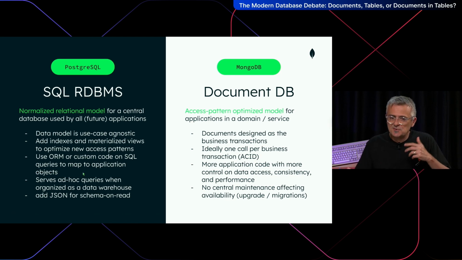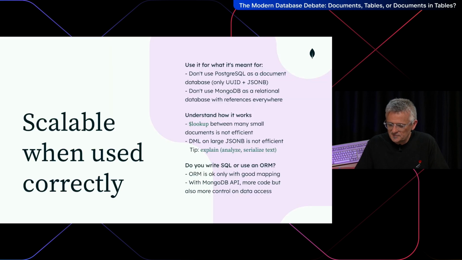But then be careful, you need to write SQL code or do good ORM mapping. If you are in a domain where you know not all use cases, but the main access pattern of it, then you can use a document model and it will be simpler because you don't have this mapping, you don't have complex queries, and usually simplicity is always good. It makes you evolve faster on the application.